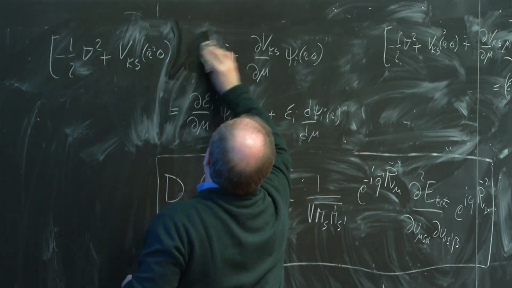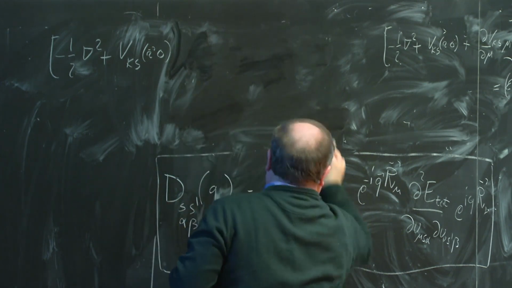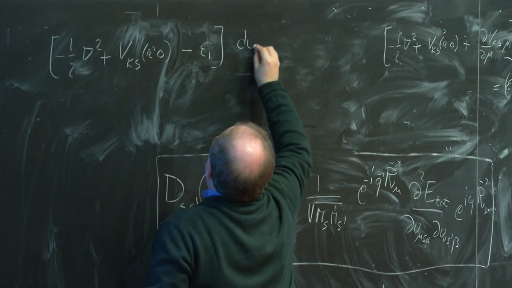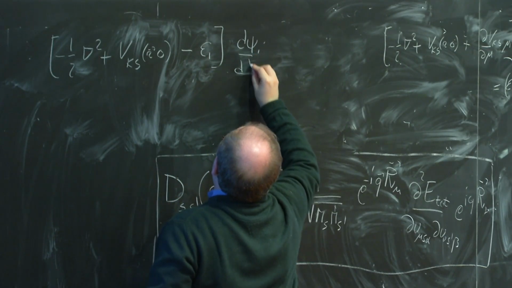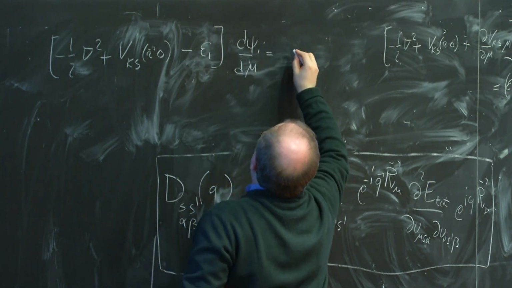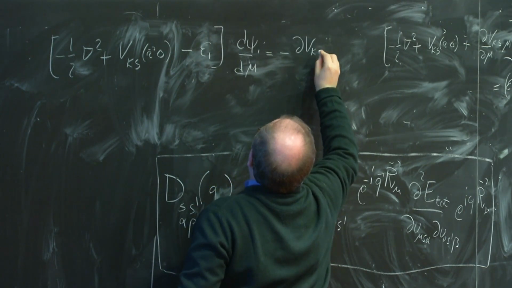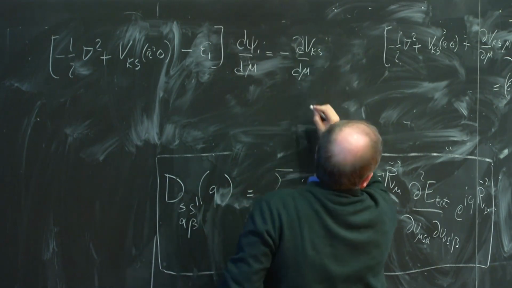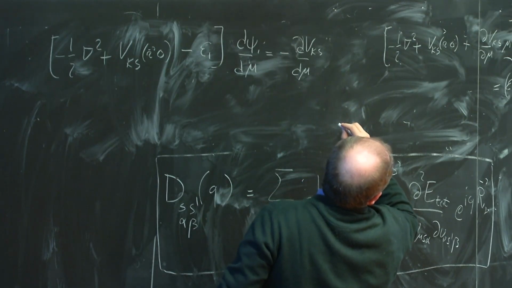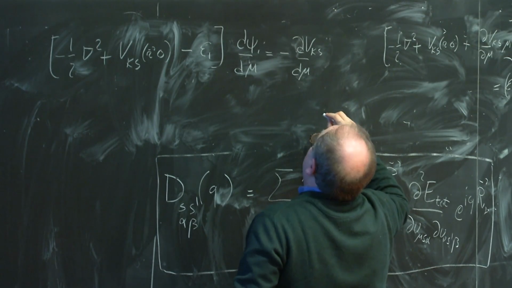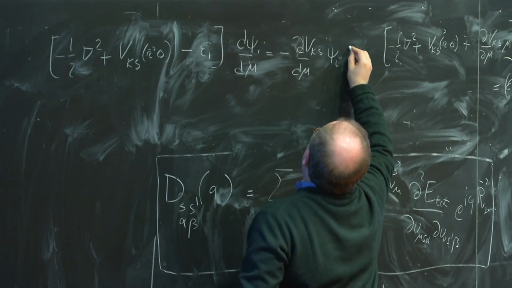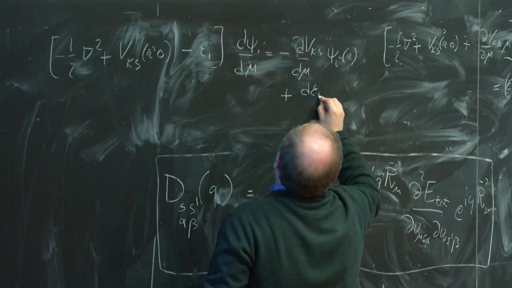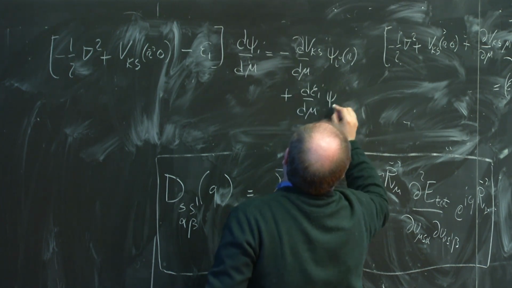That is, minus epsilon I d psi over d mu is equal to minus dV Kohn-Sham over d mu psi I of r plus d epsilon I over d mu psi I of r.